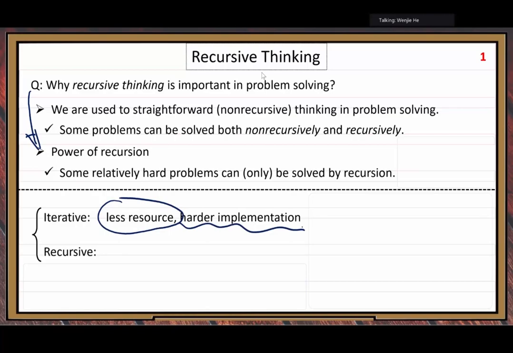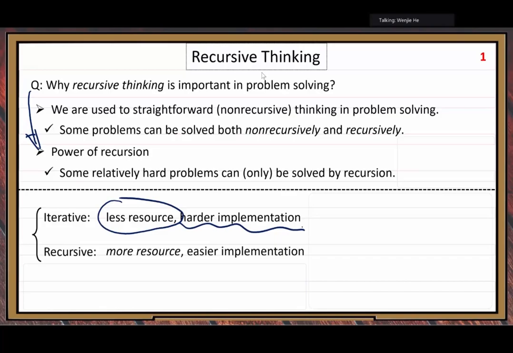That's the disadvantage. So one advantage, one disadvantage. It consumes less computing resource, but for relatively hard problems, writing the code could be very hard.